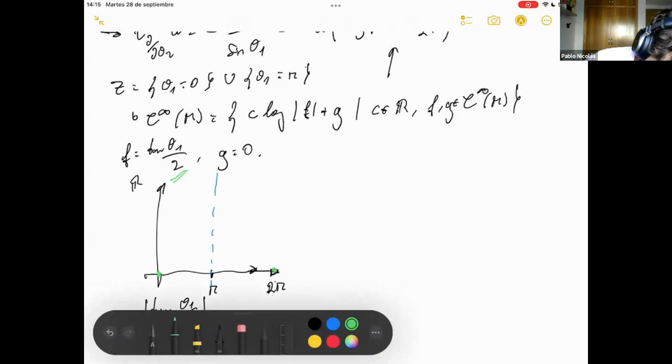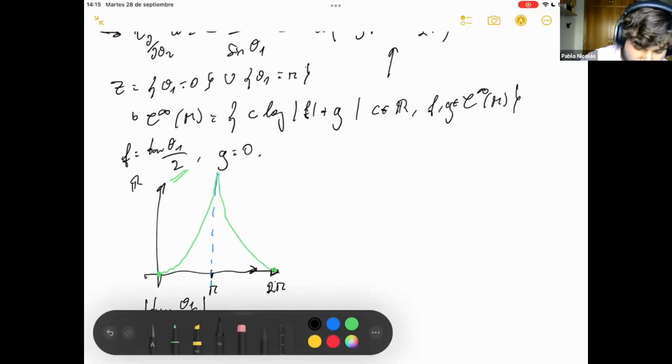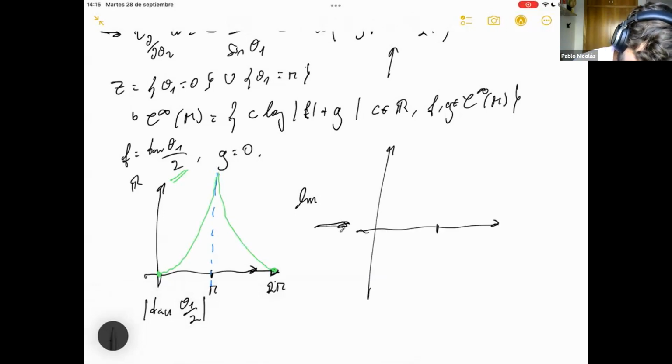And now we can draw the tangent. I am very bad at drawing. This is sort of the shape it has. And if we apply a logarithm, I know the 0 goes to minus infinity, and that's basically it. This would be pi.